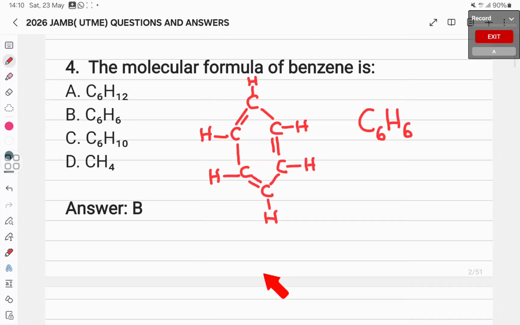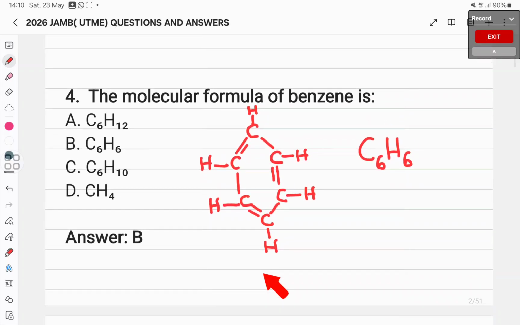Molecular formula simply means the formula representing one molecule of a substance, be it element or compound. Benzene is a compound, and don't forget, benzene is described as an aromatic cyclic. All aromatic compounds are cyclic because they are attached to the benzene structure, the cyclic structure of benzene.